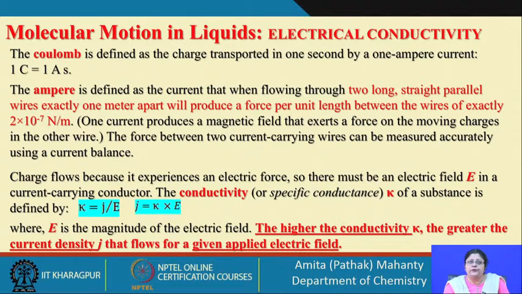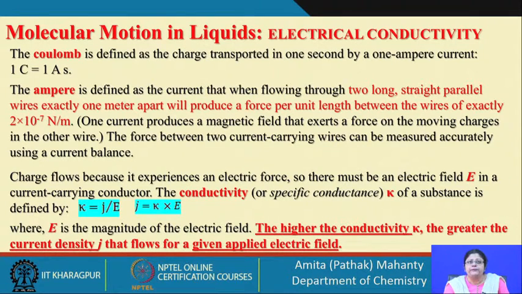So, if we want to define coulomb here, we define it as the charge transported in 1 second by 1 ampere current. Henceforth, we are going to use the amperes, and to relate the ampere and coulomb, we know that 1 coulomb is equal to 1 ampere second.